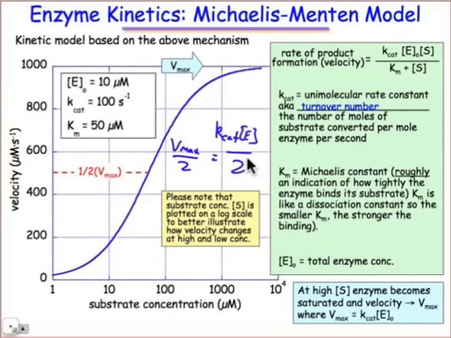And what we really want to know is, what's the substrate concentration at which we have a velocity of Vmax over 2?